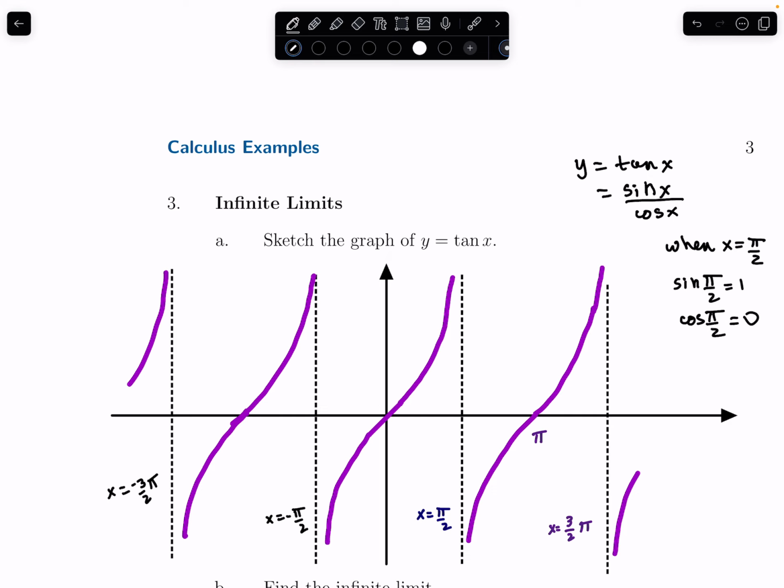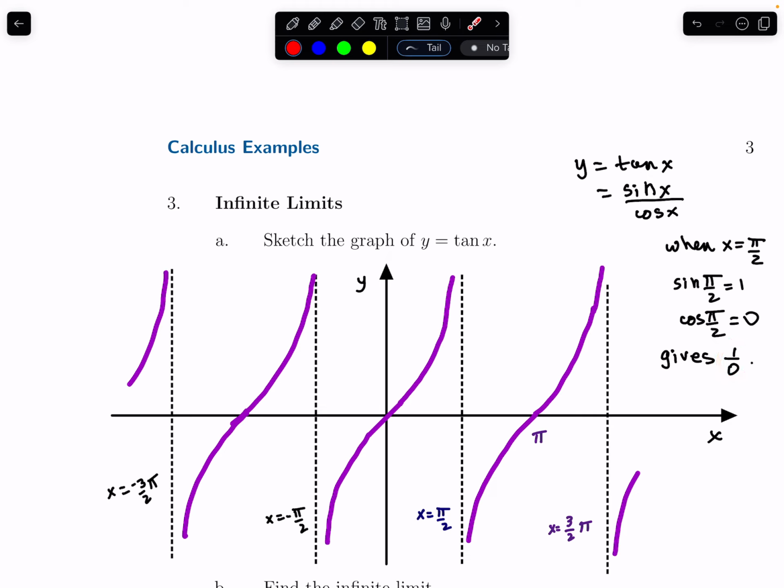You're just going to have to believe me if you don't know that. And this gives 1 over 0, which is a heads up that we're going to have a vertical asymptote. And vertical asymptotes go hand in hand with infinite limits. Where the numerator is 1 and the denominator is 0, that's undefined. 1 over 0 is undefined.